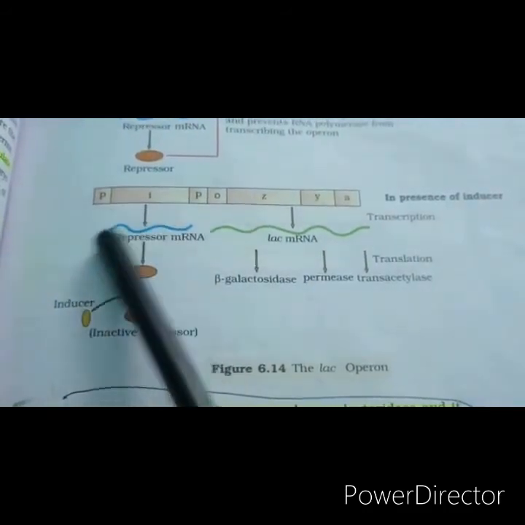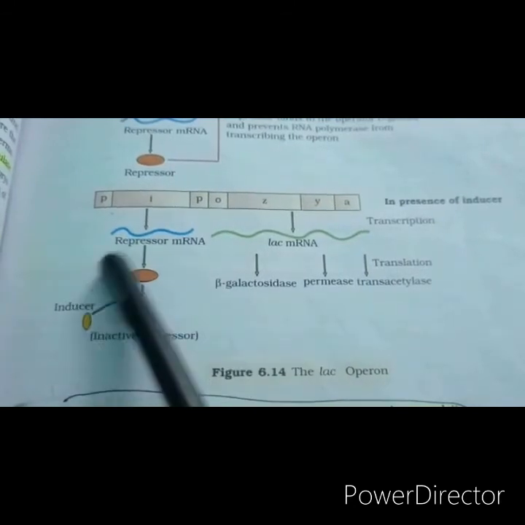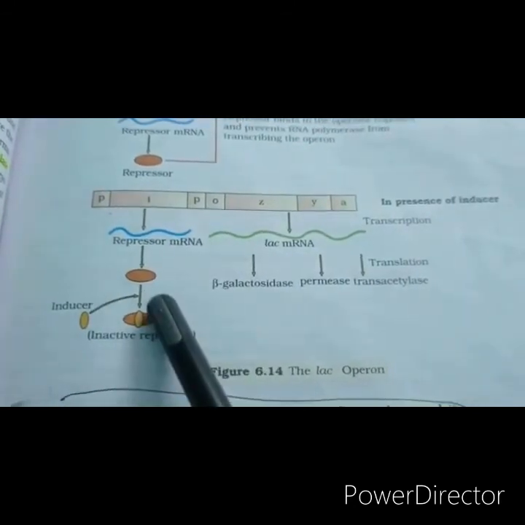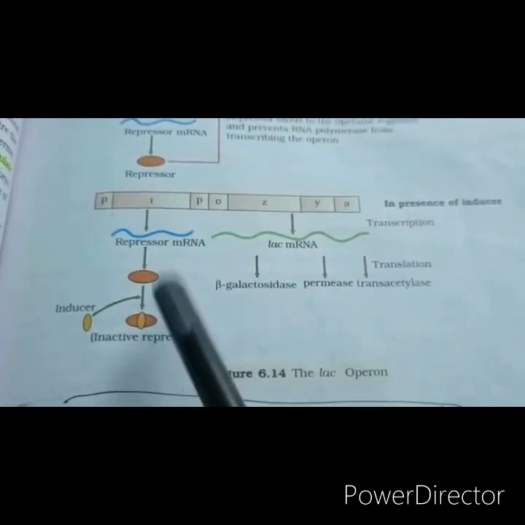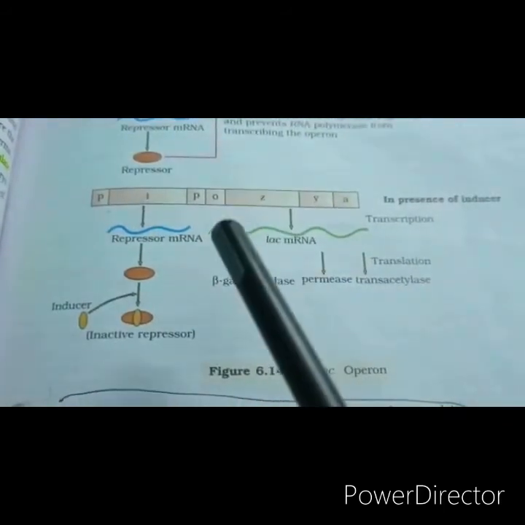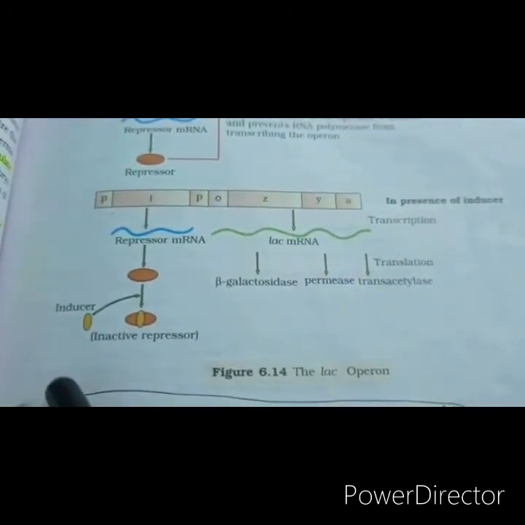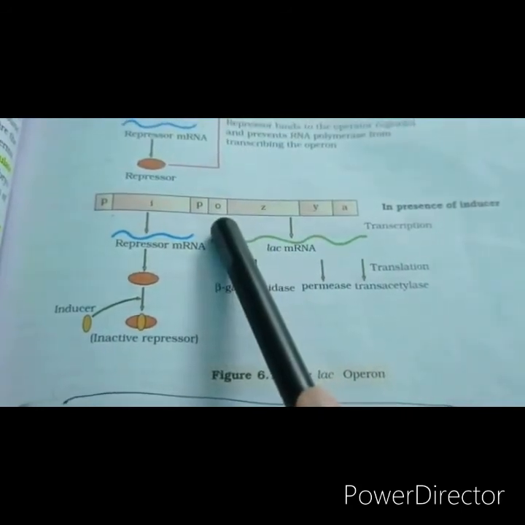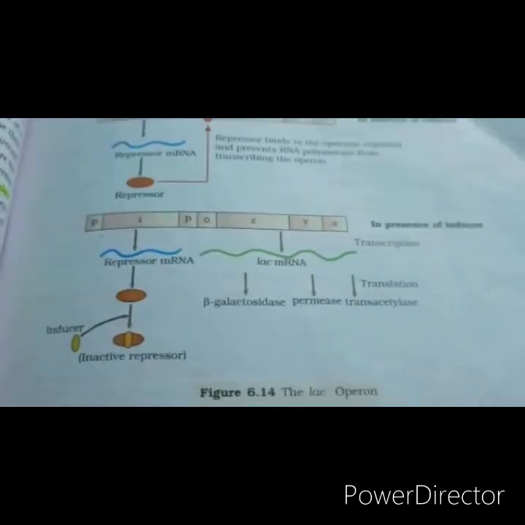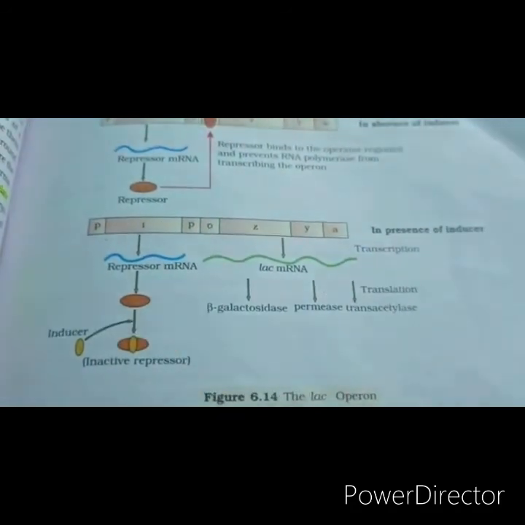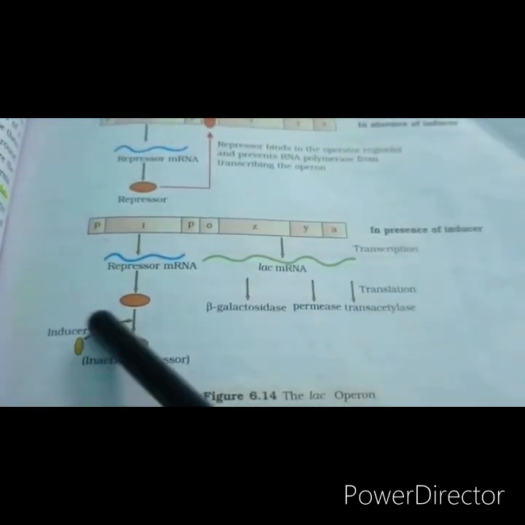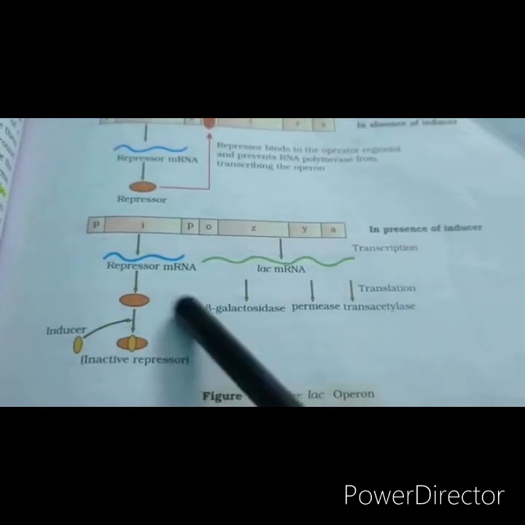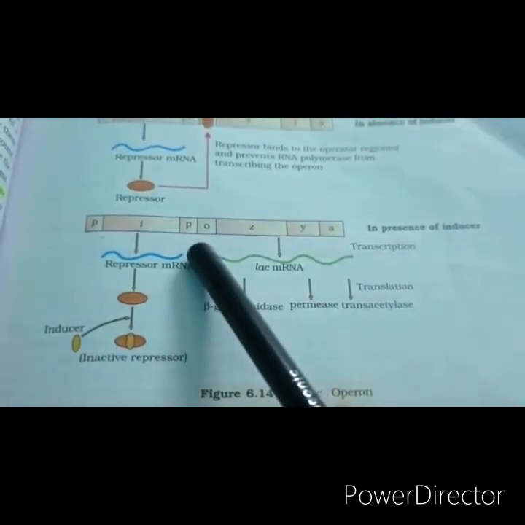And our repressor, which is our accessory protein, has a higher affinity for the allolactose as compared to the operator gene. So it attaches to our allolactose instead of our operator.